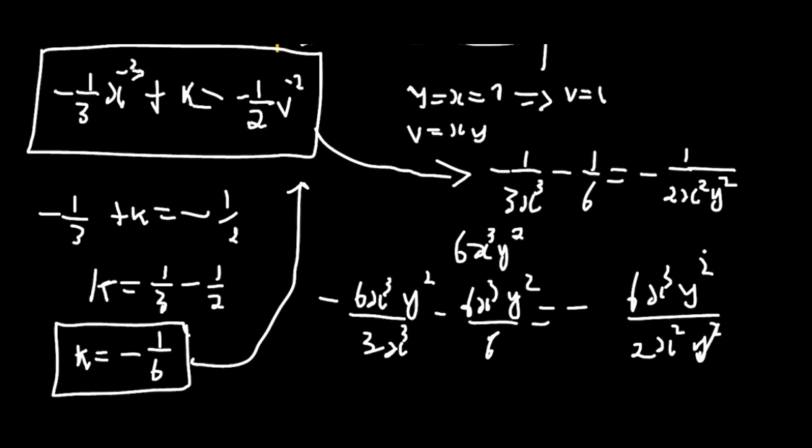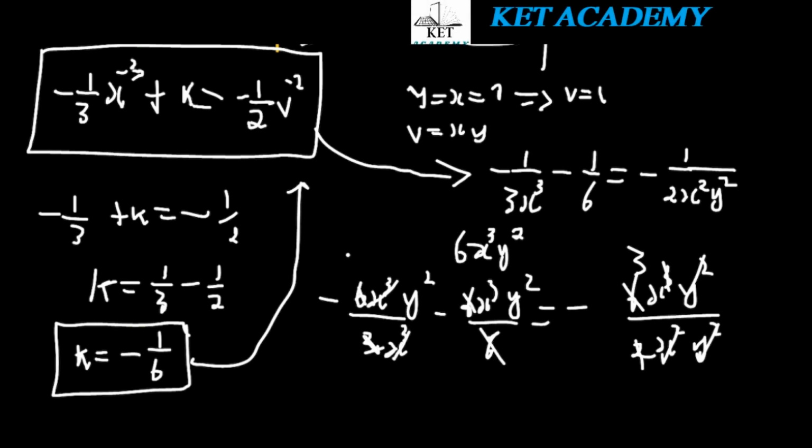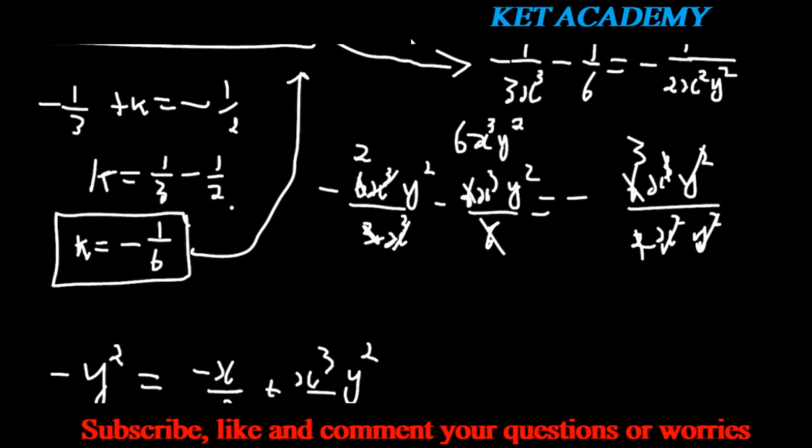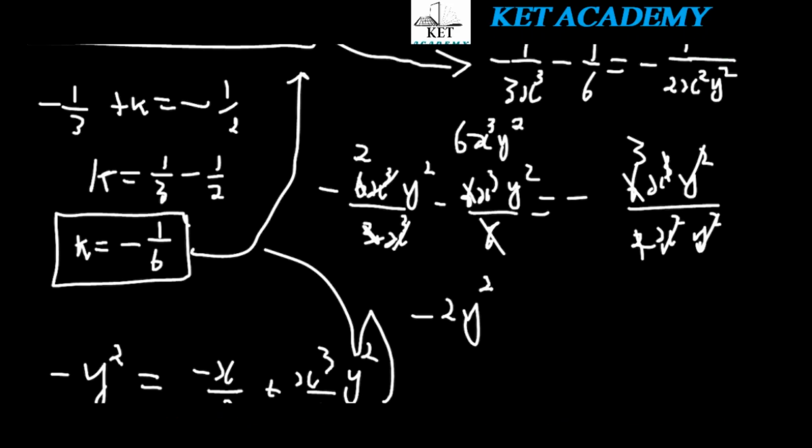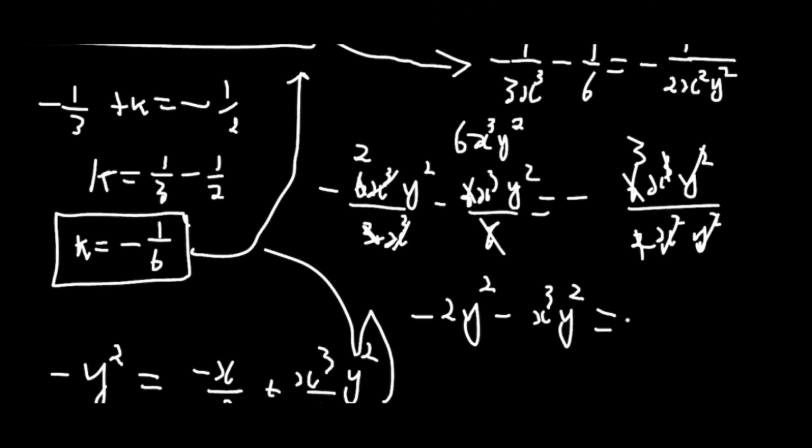So clearly we see here that this is going to cancel, so we'll be left with that, and 2 here will give us 3, so we'll be left with 3 there. 6 is going to cancel and the cube is going to cancel, so we'll be left with 2 there. Therefore we're simply going to have negative 2 y squared minus x cubed y squared to give us minus 3x.